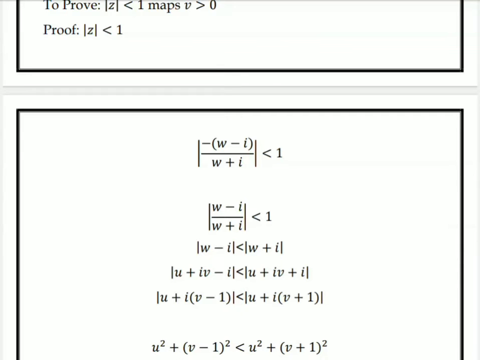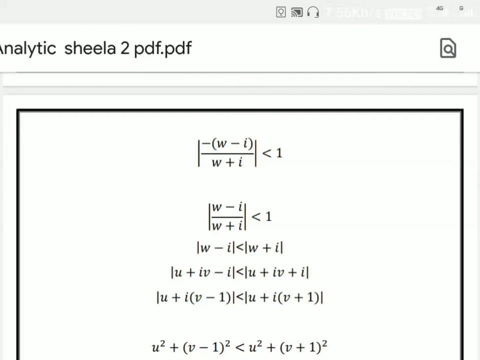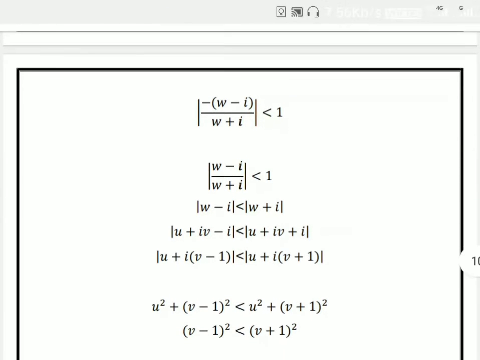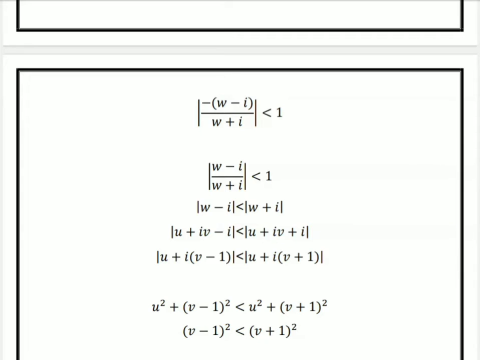So already we know the form W equals U plus IV. Just replacing that: modulus of (U plus IV minus I) is less than modulus of (U plus IV plus I). So taking the I term commonly outside: modulus of (U plus I(V minus 1)) is less than modulus of (U plus I(V plus 1)).